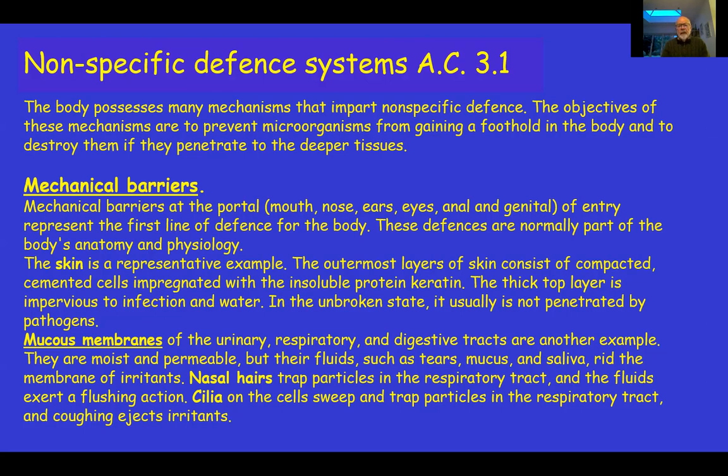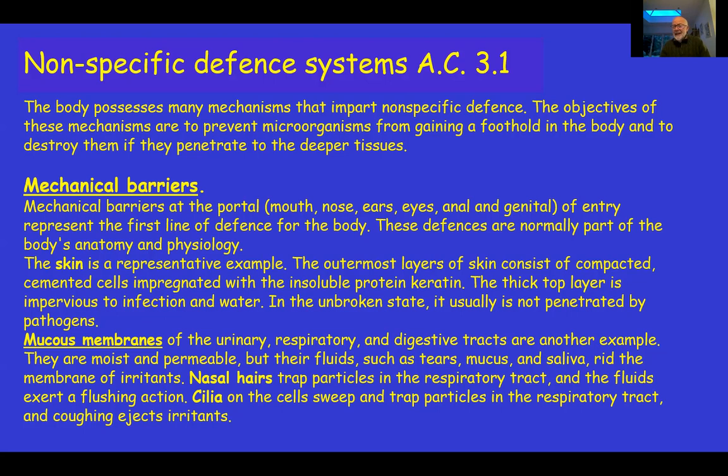Normally it's nice and waterproof. It's compact, it's continuous, the cells are locked together. It contains a protein called keratin, which also hardens to form your nails. The keratin forms a waterproof layer. It's impervious to water and infections.